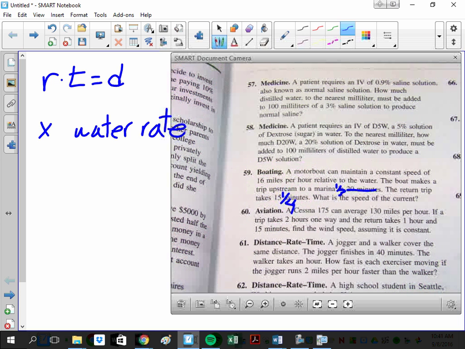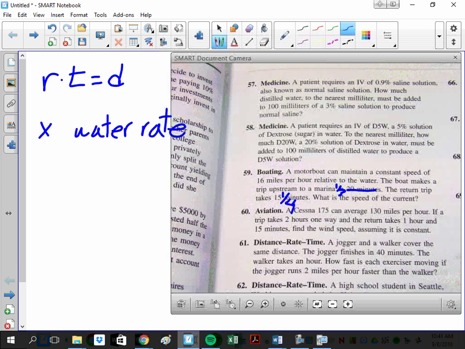Okay. We have two trips to talk about. Let's talk about the two trips separately. Going downriver, what's happening? So how fast is the boat traveling? 16. How fast is the water traveling?